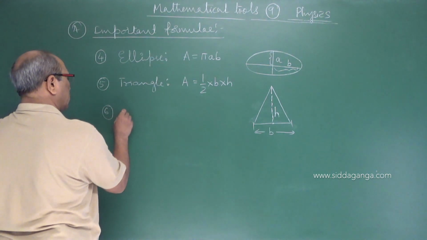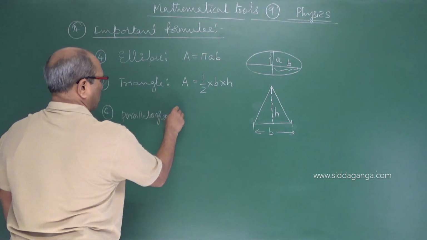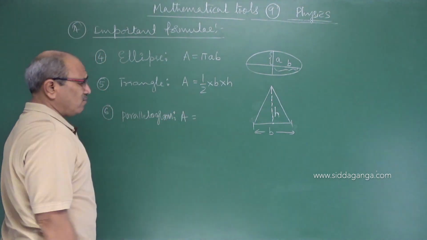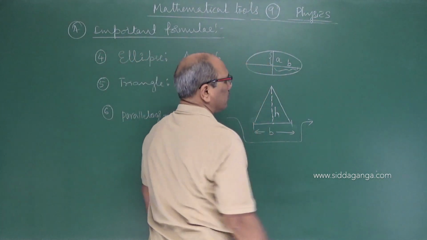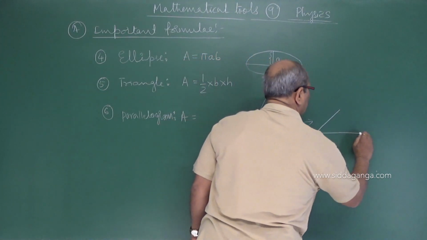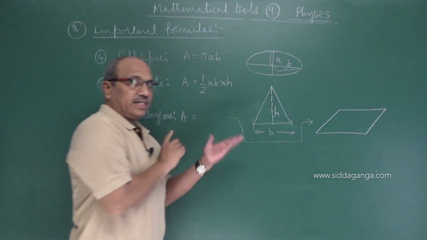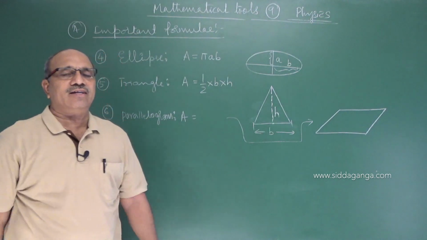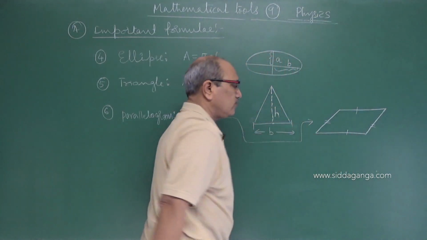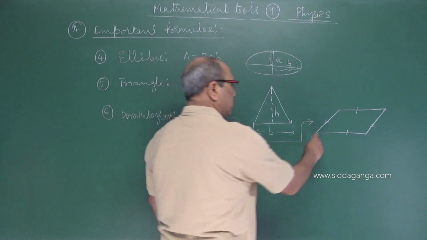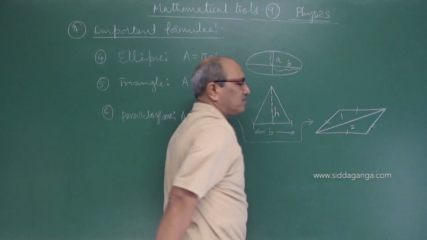Sixth one, let us come to the parallelogram. Surface area. When I am talking about a parallelogram, two opposite sides are of equal length. A slightly tilted rectangle is a parallelogram. These two sides are equal. But if I diagonally join them, you see triangle 1 and triangle 2.